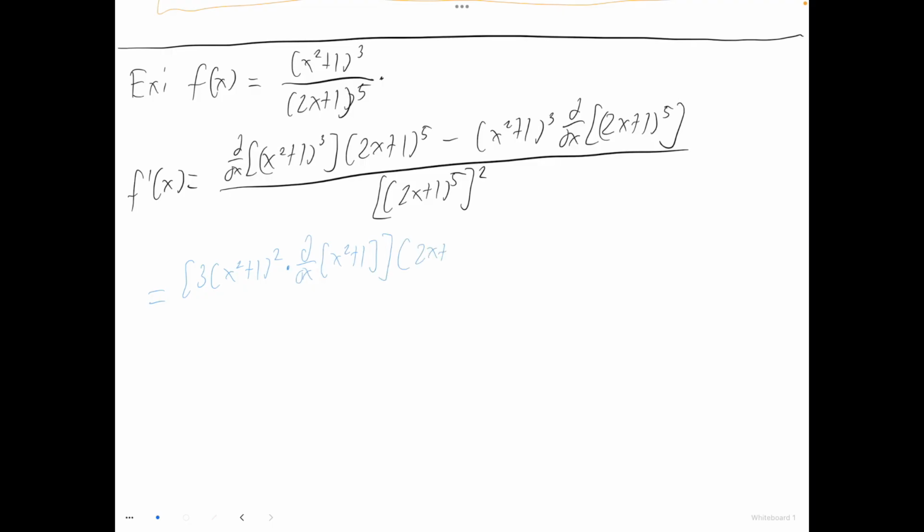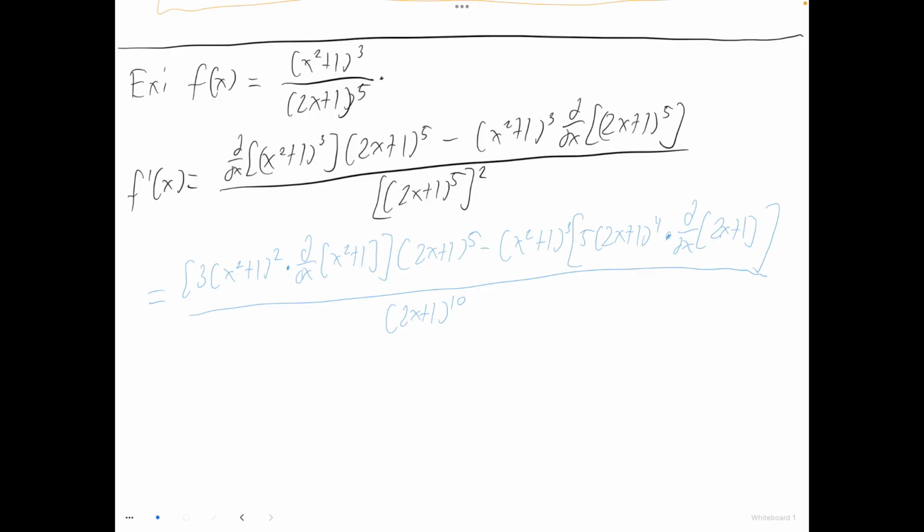Then we're going to have a 2x plus 1 to the 5th still, minus x squared plus 1 cubed, times the derivative of 2x plus 1 to the 5th. That'll be 5, 2x plus 1 to the 4th. So that's the derivative of the outer function evaluated at the inner function, times the derivative of the inner function, all divided by the bottom squared. Well, the bottom can be rewritten as 2x plus 1 to the 10th power. You just multiply the exponents.